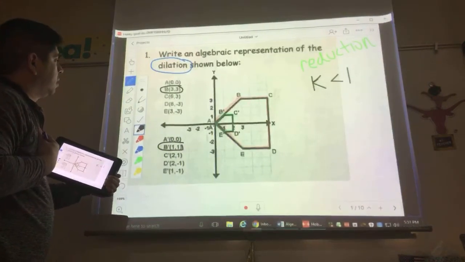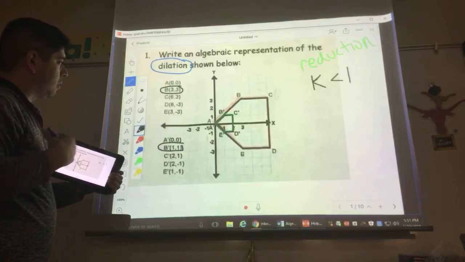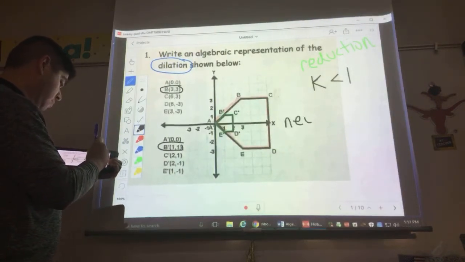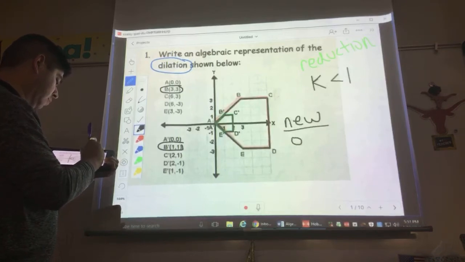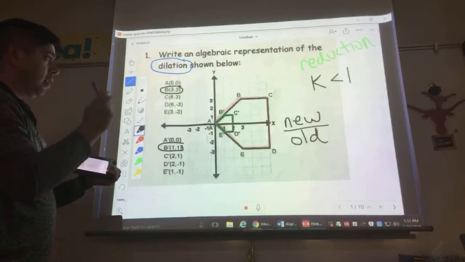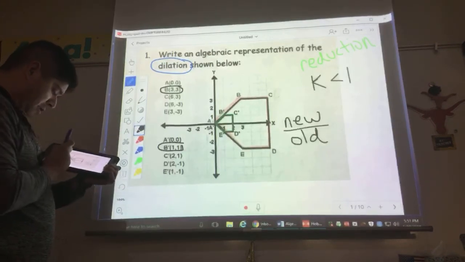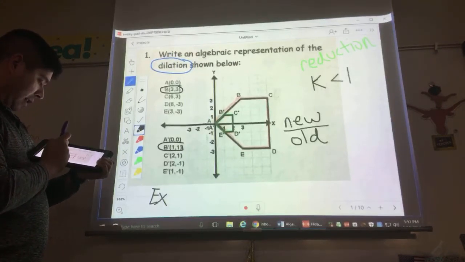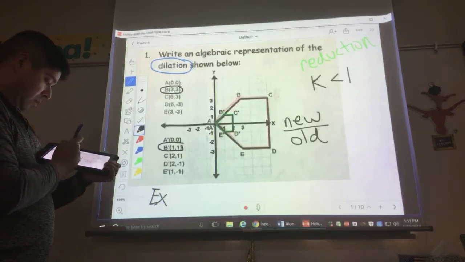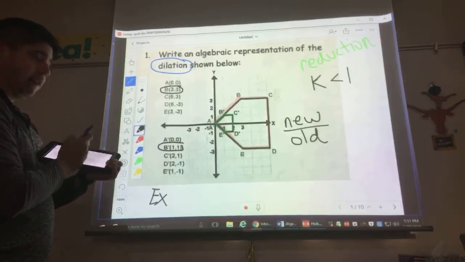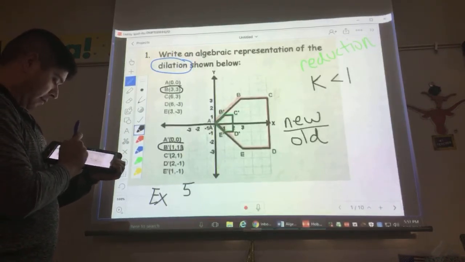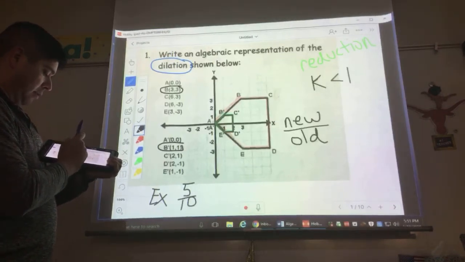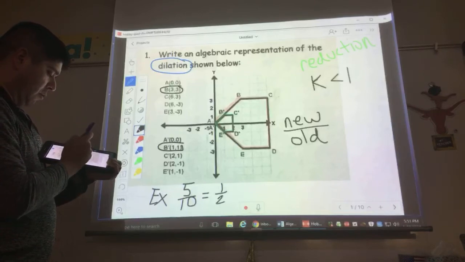So the scale factor is new over old. An example I'll put down here. Let's say I went from point 5 to 10, and then that would be 1/2.